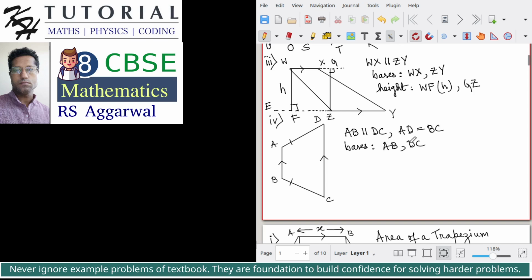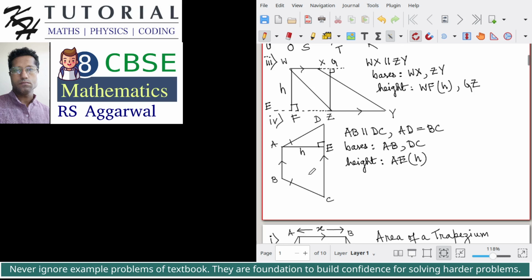These are the two bases of this trapezium. Now what will be the height from the point A? I can draw a perpendicular on the other parallel side, that is DC. So this is the perpendicular, let's say this is H. So the height of this trapezium will be, let's say, AE perpendicular to DC. So the height will be AE.